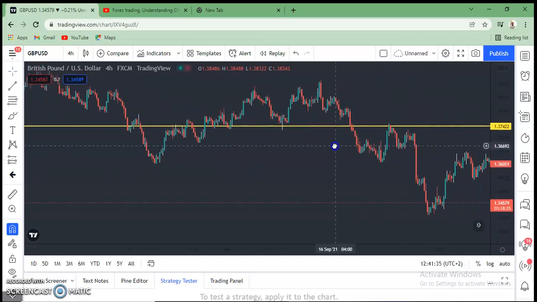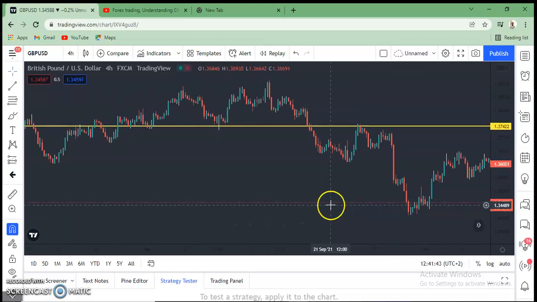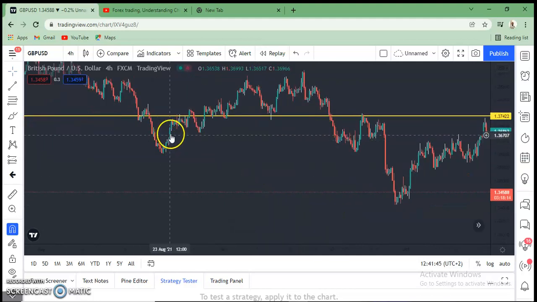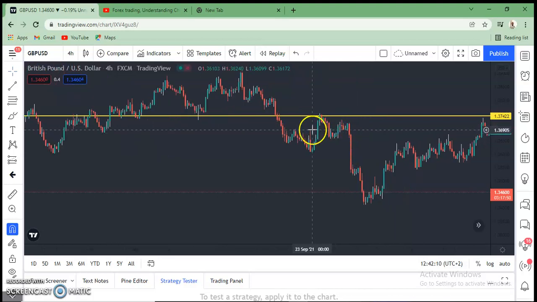When it broke downwards, it broke here, retested here, and went down. So when it was coming here, this was acting as a support. The market was being supported here, then it broke the support, went down and retested, making it a resistance. So the resistance can also be used as support.